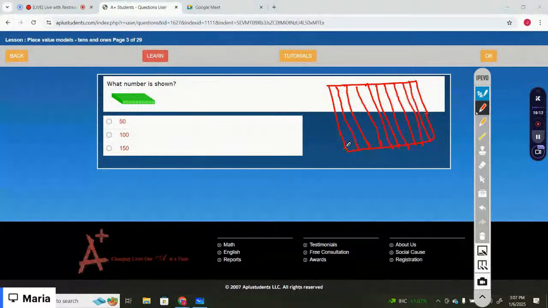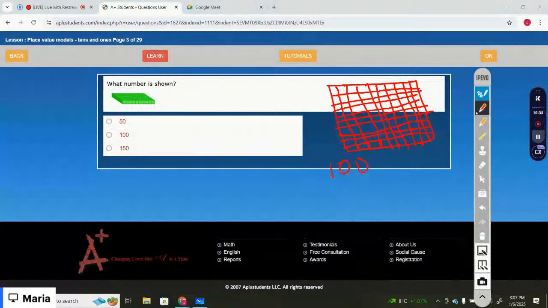And 10 lines like this, 10 rows. One, two, three, four, five, six, seven, 8, 9 and 10. If you have a square like this that has 10 rows and 10 columns, the whole square represents 100.